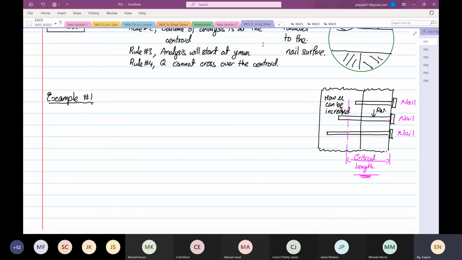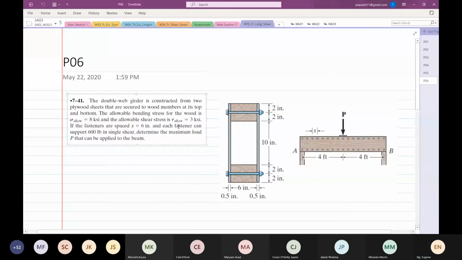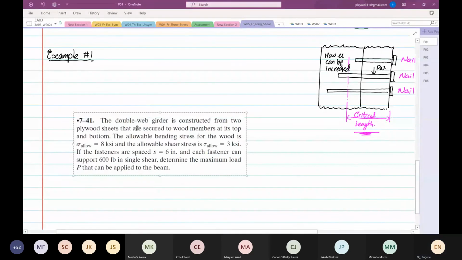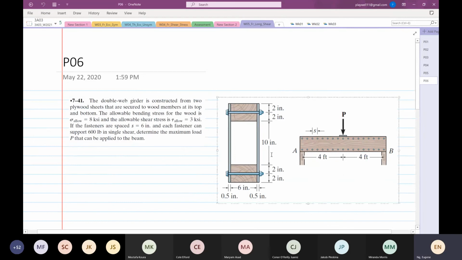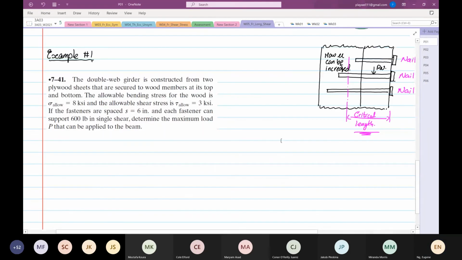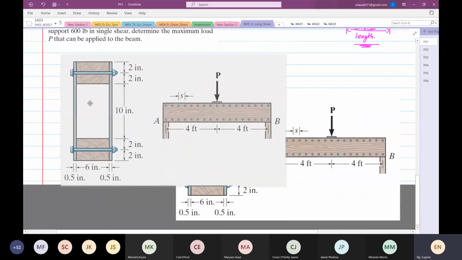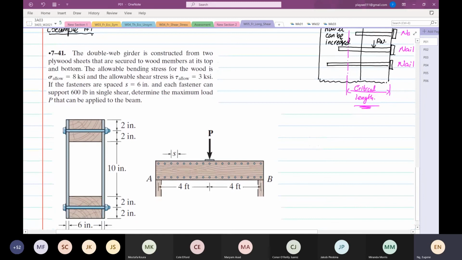Okay, so we are going to look at this example over here. I've posted this on Avenue to Learn. Then we're going to read it. We have a structure over here.